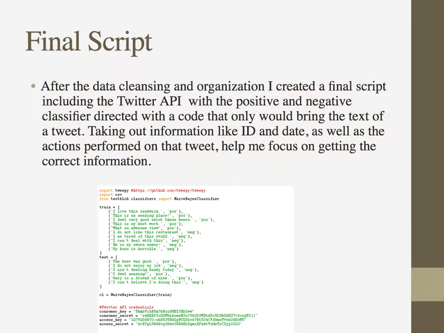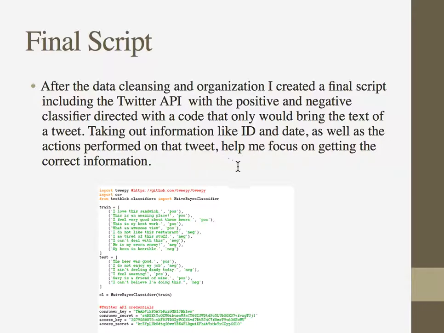Okay. The final script. After the data cleansing and organization, I created a final script including the Twitter API with the positive and negative classifier, directed with a code that only brings the text of a tweet, as I was explaining. So here you see the script now. It has the Twitter API and the positive-negative classifier in the same script.